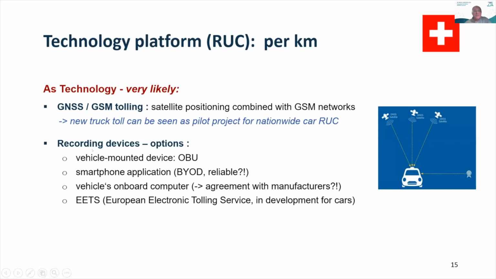For the recording devices, instead of having a transponder in the vehicle, you can have an onboard unit, a vehicle-mounted device. There is the option that users who have smartphones use the GNSS chipset of their smartphone and the mobile network. But there is a challenge: is it reliable? If mobile phones break down, you can use the vehicle onboard computers, particularly for electric vehicles, very performing. But the car manufacturers don't agree yet, the majority.